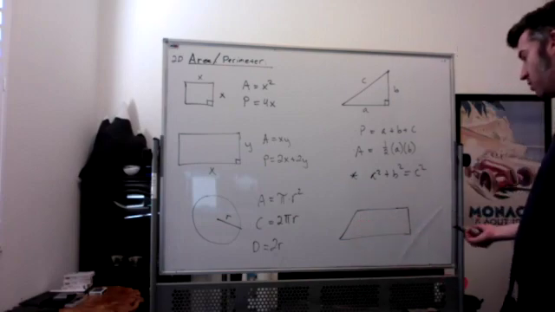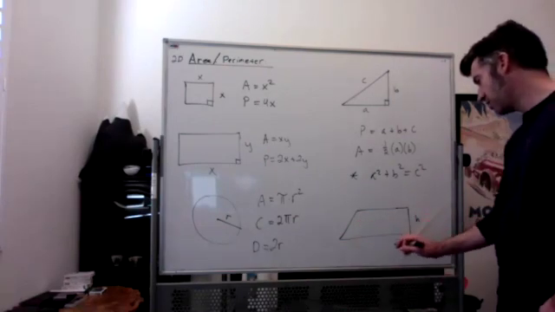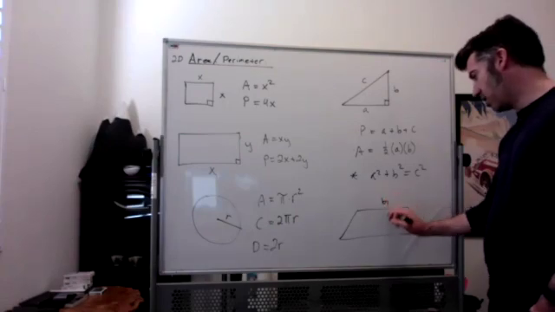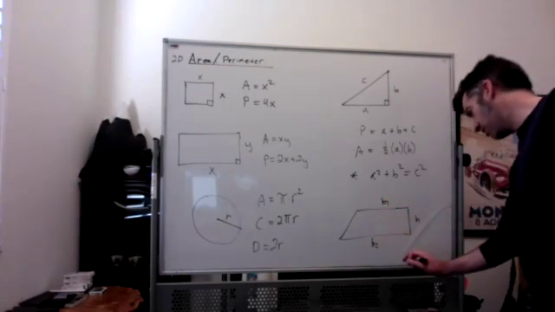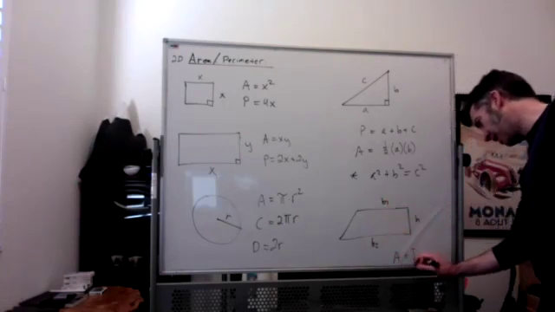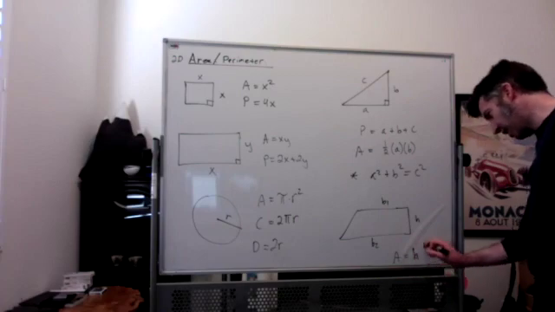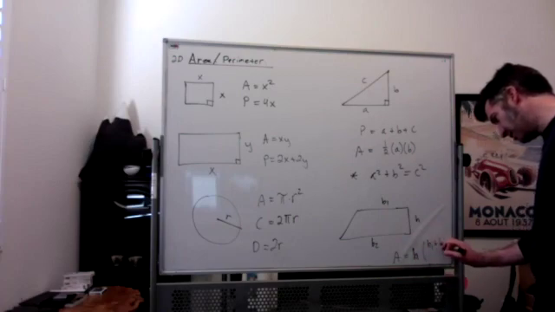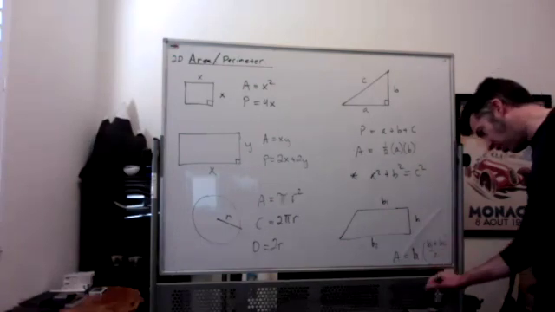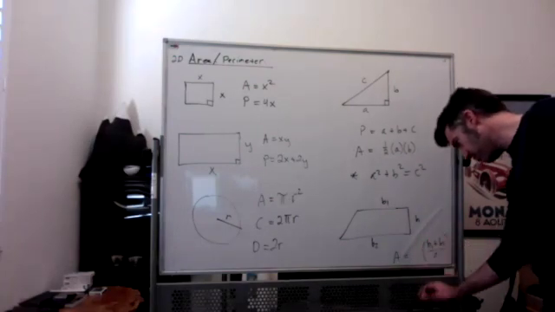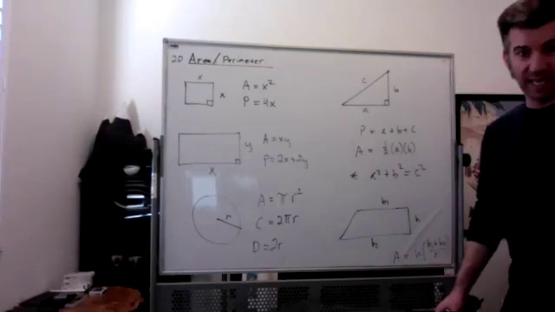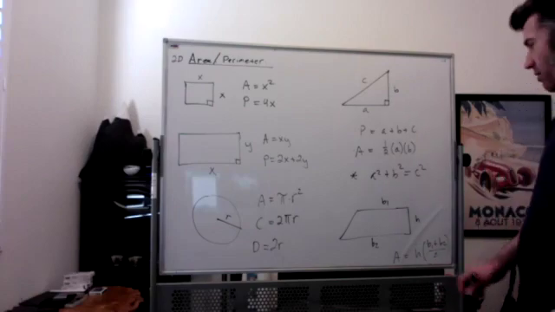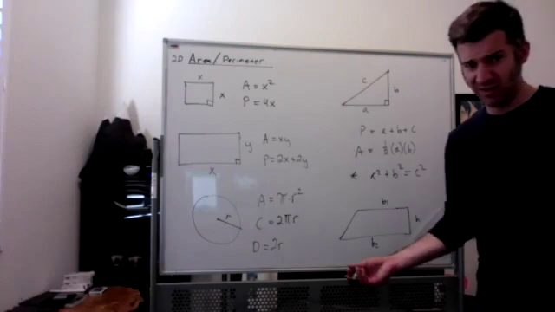So for this trapezoid, if this is the height, and this is base 1 and this is base 2, then the area is the height times the average of the bases. That's always how I think of it. That's all you really ever need to know about a trapezoid, I think.